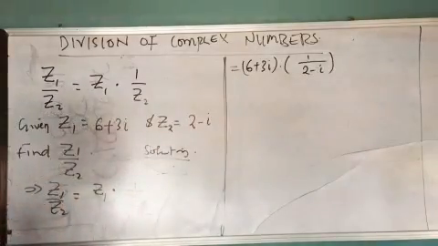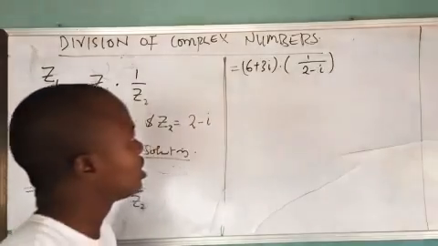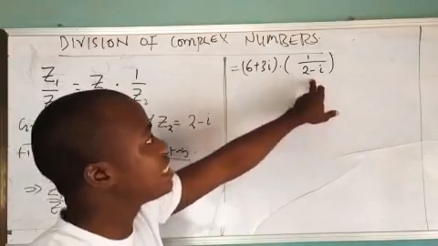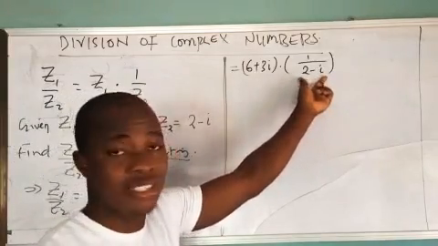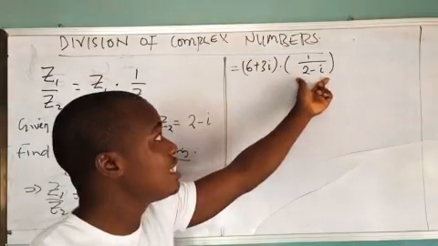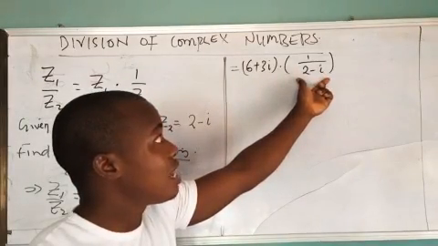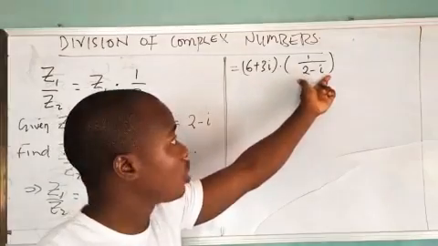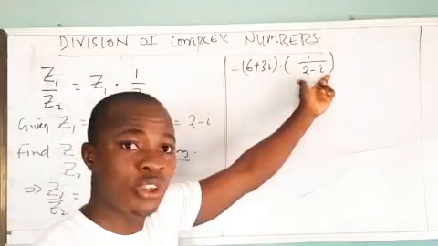Now the next thing to do is to rationalize the denominator of the 1 inside the bracket, that is 2 minus i. You don't want to see any form of complex number at the denominator again.